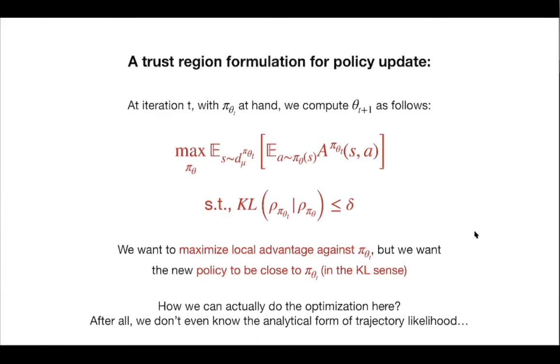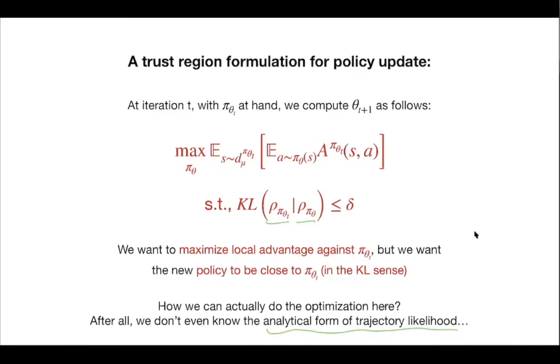We can't even write down this formulation, because you can't implement this likelihood when you don't know the transition. That's why I said you don't know the analytical trajectory likelihood, so you can't just implement that in Python, for instance, because you don't know the transition.